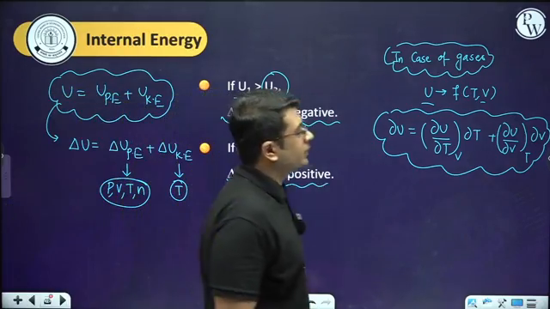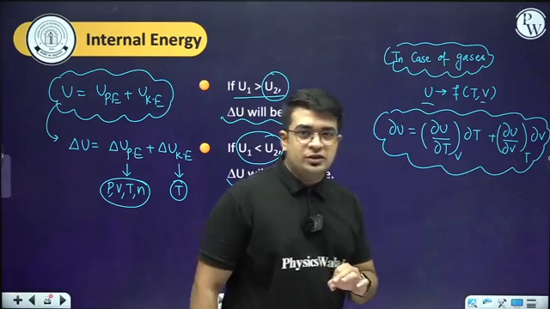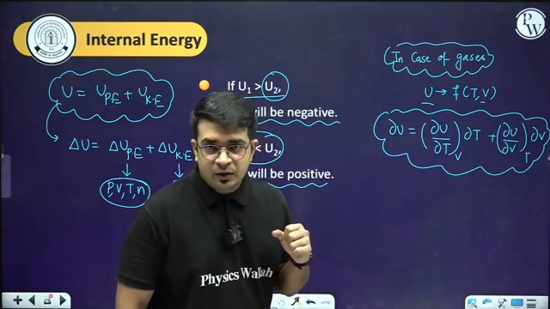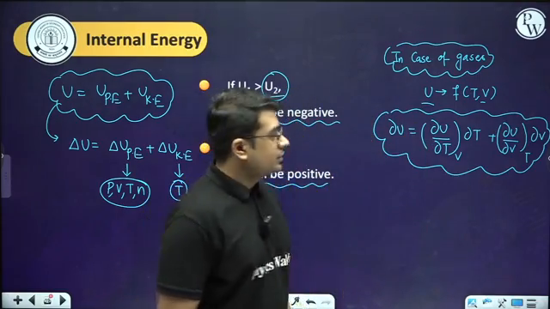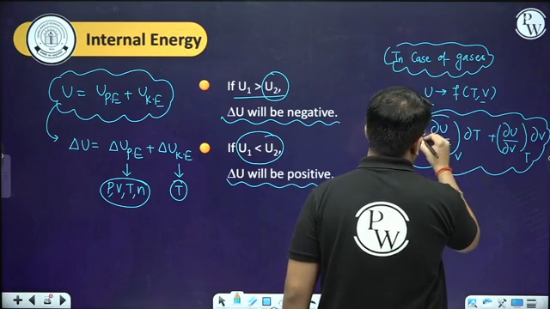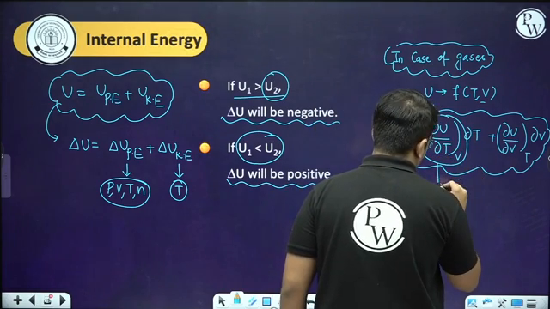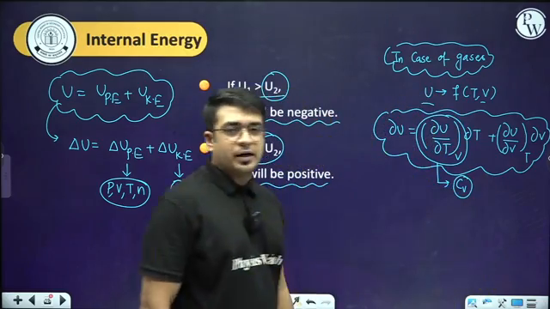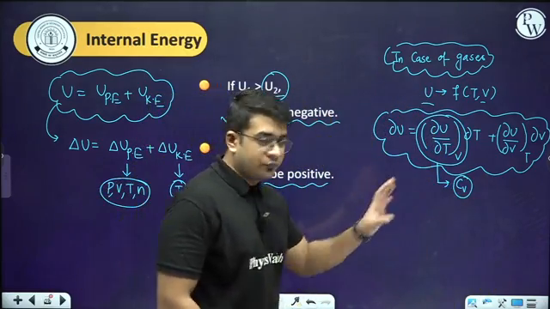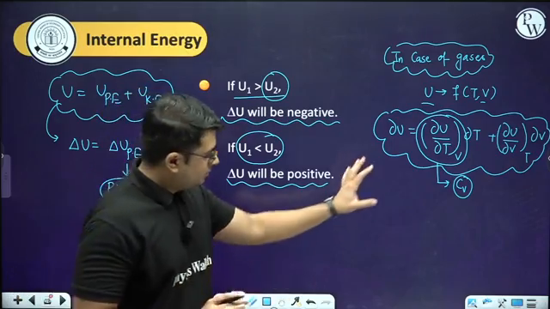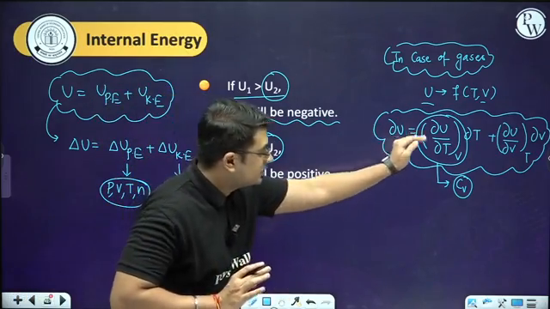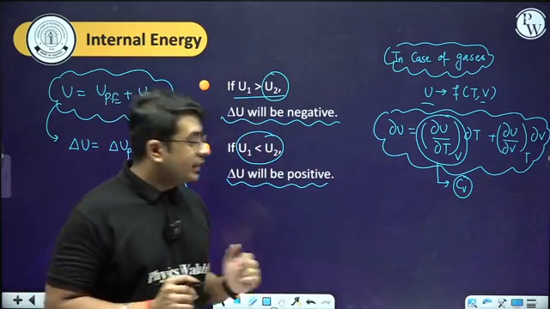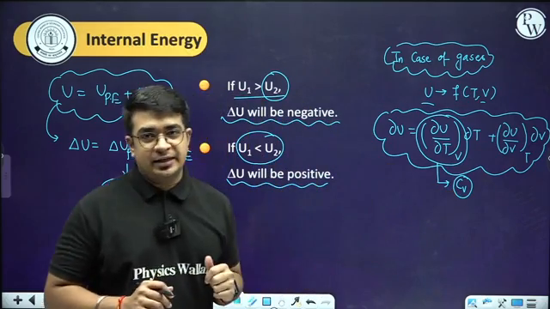Now there is a specific term which is related to the change in internal energy with respect to temperature. This entire part is actually known as heat capacity at constant volume. We are going to derive that formula also, but just for now, understand that (∂U/∂T) at constant V is basically heat capacity at constant volume.